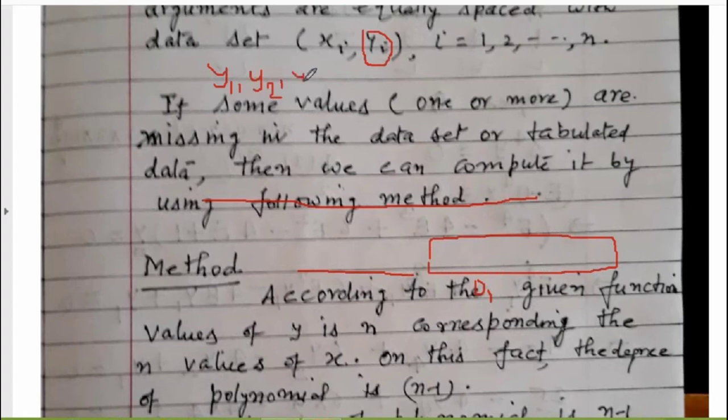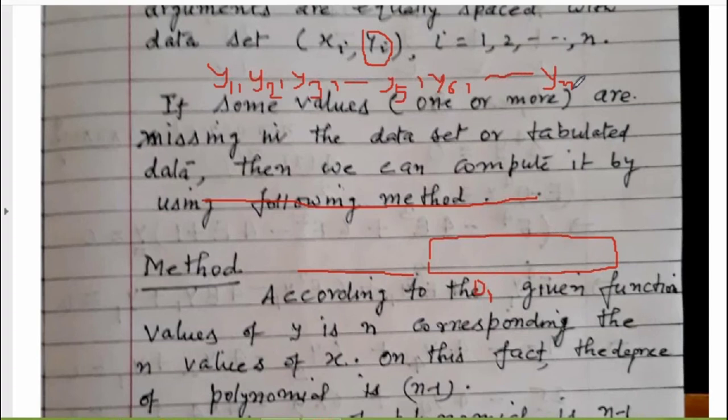Suppose y3 is here, and then y4 is missing here, and then we are given y5, and then y6, and so forth up to yn.